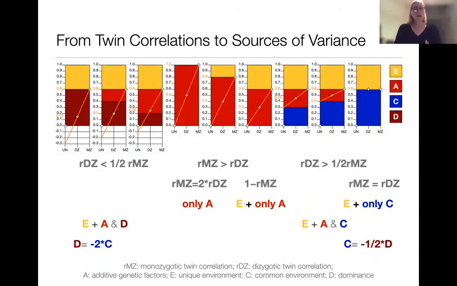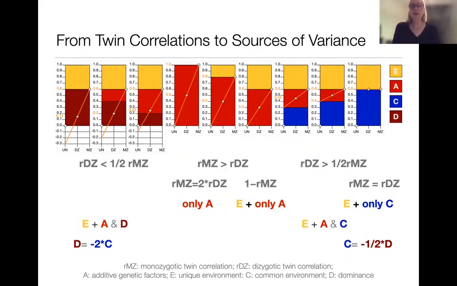So the third graph is just an extension of that, where we still have a 2-to-1 ratio, now 0.6 versus 0.3 for MZs and DZs respectively. But because of the lower MZ correlation, we have a higher estimate of the component due to the unique environment. So any situation where the MZ correlation is about twice the DZ correlation suggests that it's only really additive genetic factors, plus maybe some unique environment depending on how high the MZ correlation is.